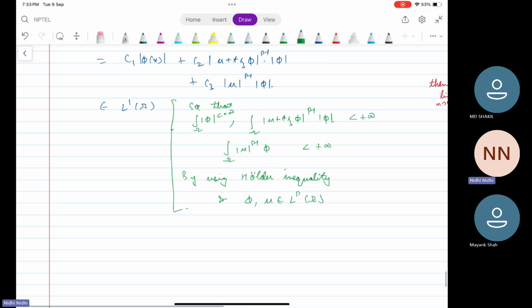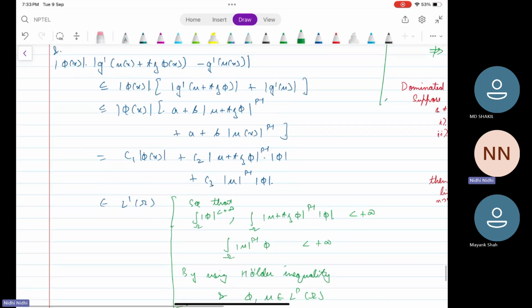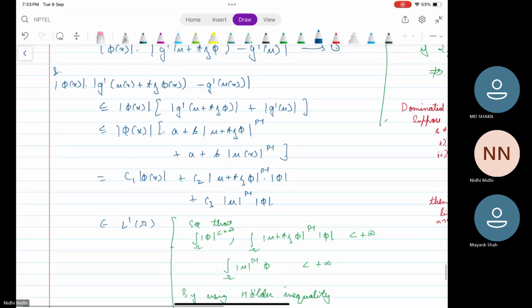That would be an interesting exercise that would eventually help you understand more about Lp spaces and Hölder's inequality. So this will be in L1(Ω), and this should be independent of t.